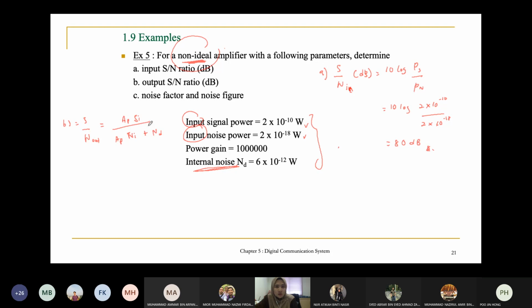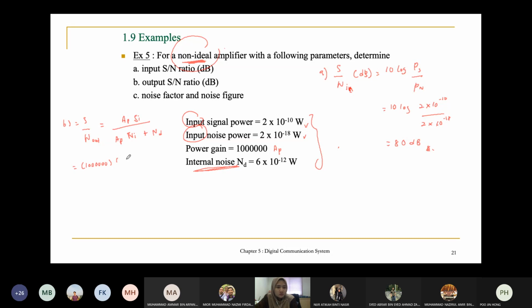So that is the difference between ideal amplifier and non-ideal amplifier. So this one, you just put in the values. Ap is this one, this is the power gain, Ap. So put in the values.